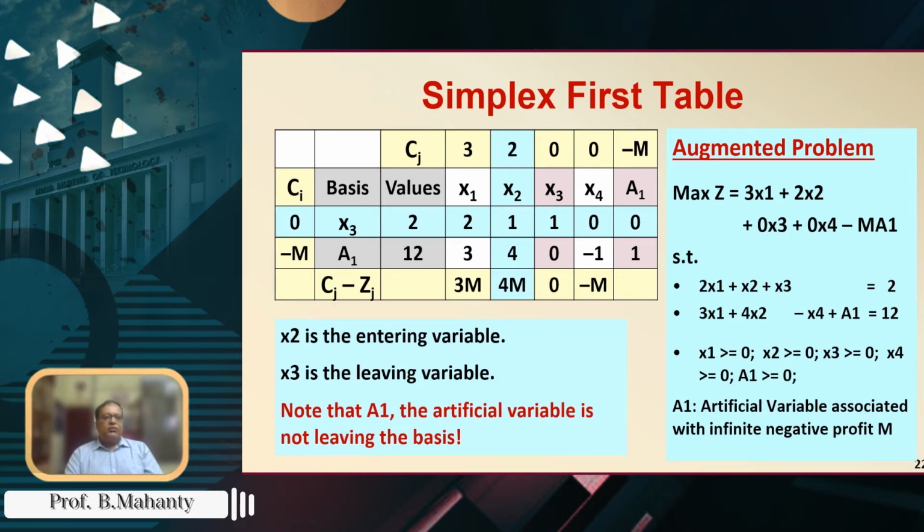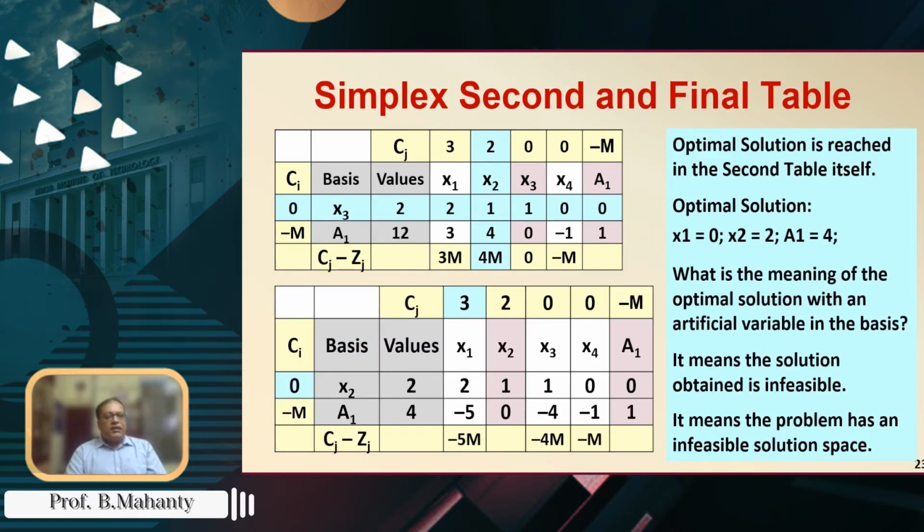So x2 comes into the basis and x3 goes out of the basis. This is exactly what I said, that a1, the artificial variable, is not leaving the basis. So let's see what then happens to the next table.